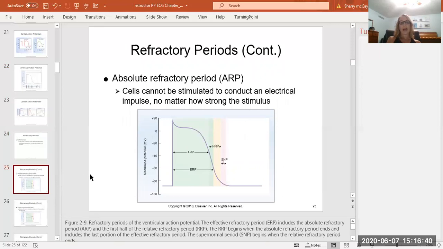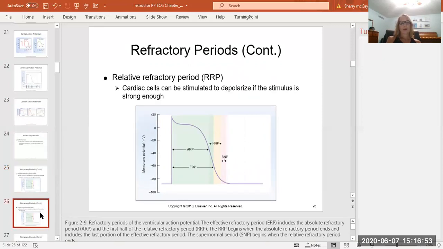All right, so there's the absolute refractory period, ARP. Cells cannot be stimulated to conduct an electrical impulse no matter how strong the stimulus at this point. Relative refractory period, RRP: cardiac cells can be stimulated to depolarize if the stimulus is strong enough.